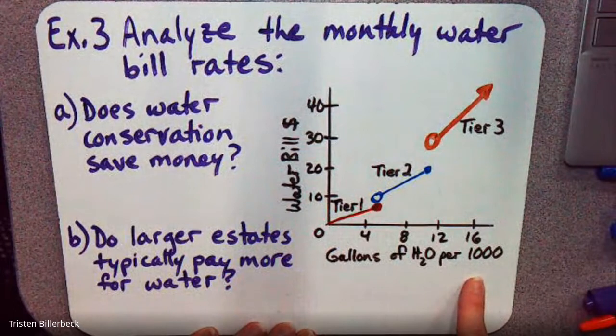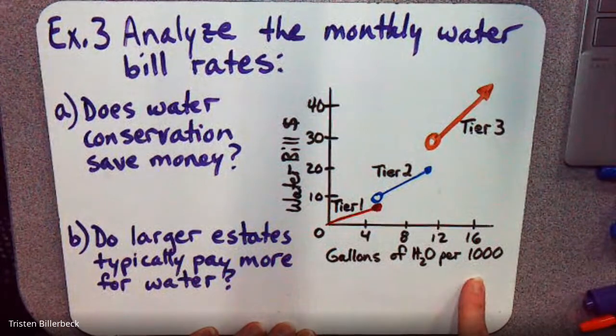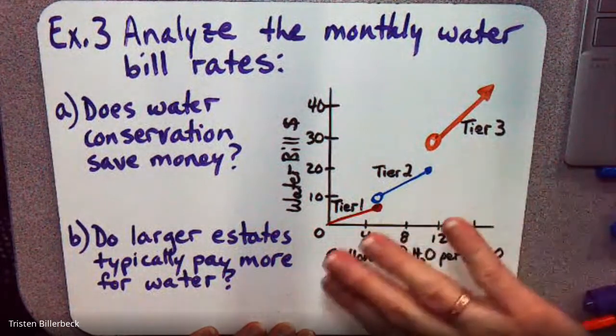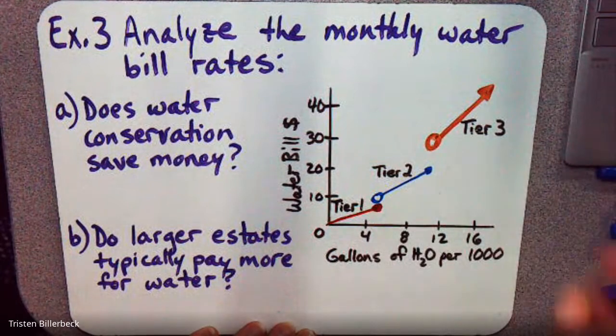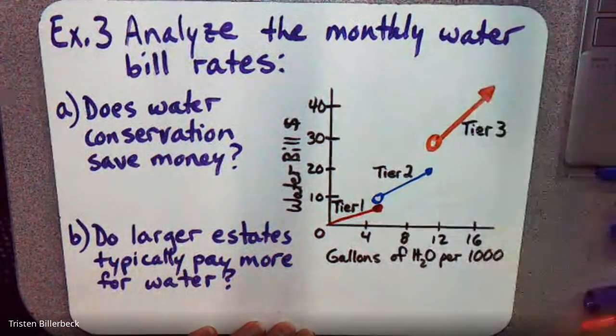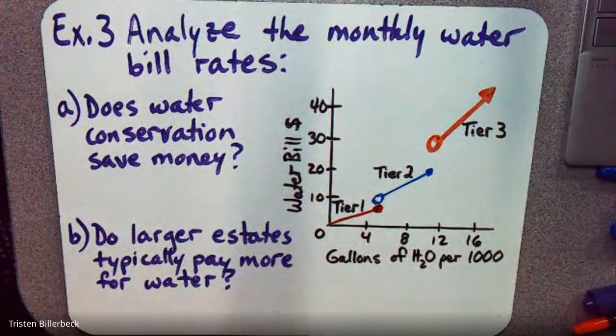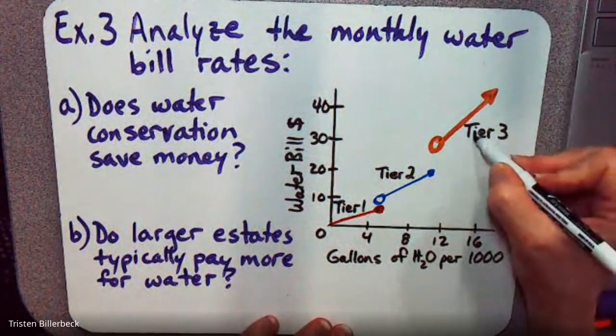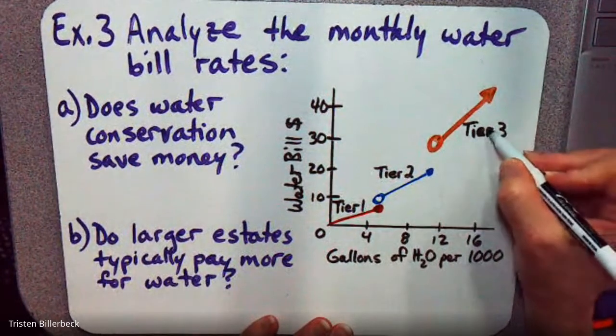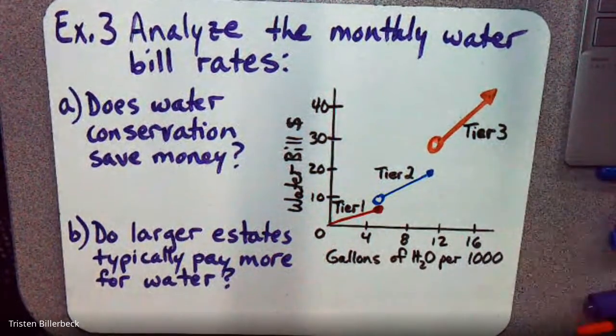Okay, so but if you're a big user, then they're going to charge you a little more per gallon of water used. Okay, but if you are an exorbitant user, if you use way too much water, they think you're super rich and they think you have lots of money, okay? Which is typically you've got a big estate.